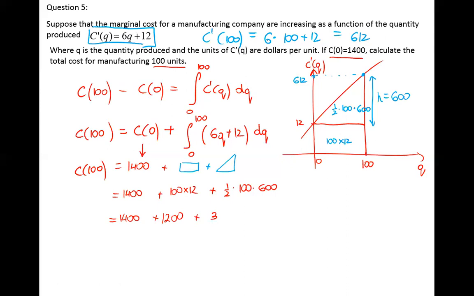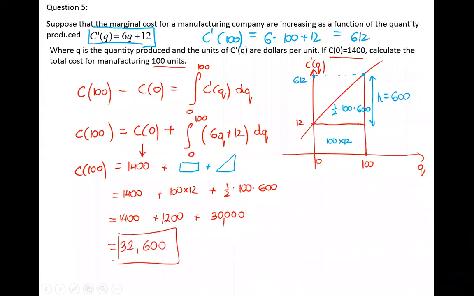When we're multiplying by 1,000, we're adding 3 zeros, and so on. Okay? It means the total cost is 26 and 30, that means 32,600.